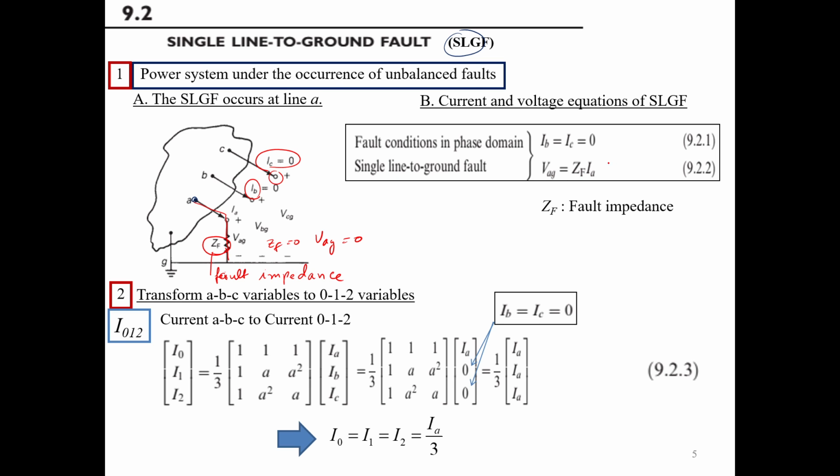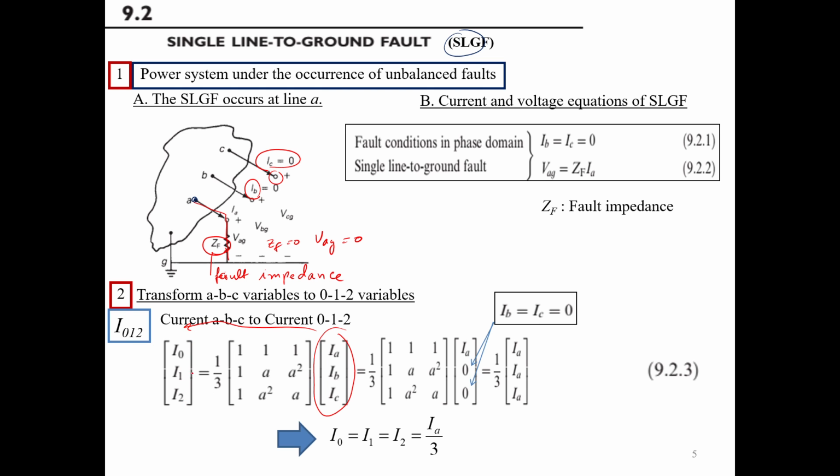The voltage drop across the port A, the phase A to the ground, is the IA times CF, where CF is the fault impedance. Now we analyze it. We transformed the ABC quantities into the sequence network. We see from the formula that we use to transform IA, IB, IC, we transform the phase quantities into 0, 1, 2.